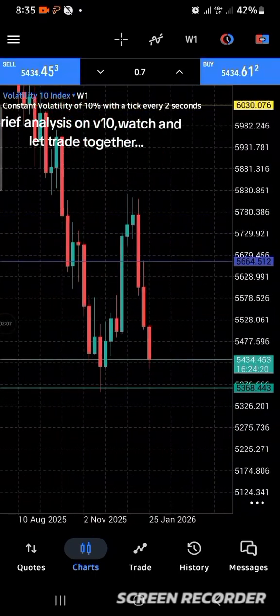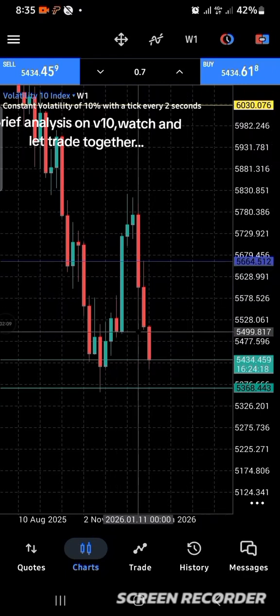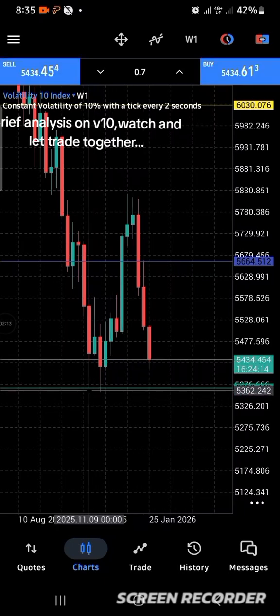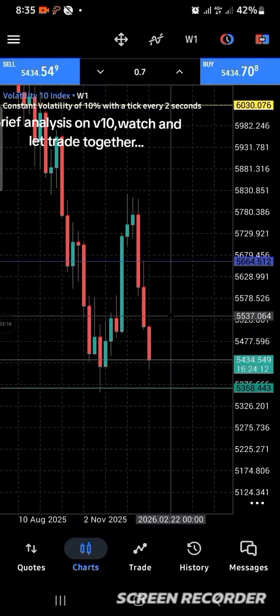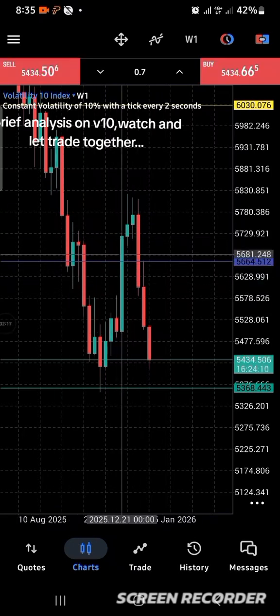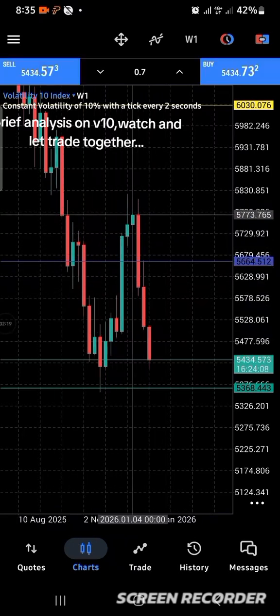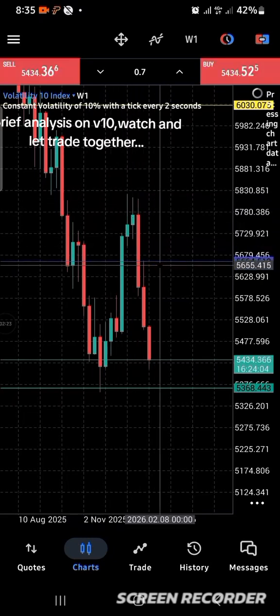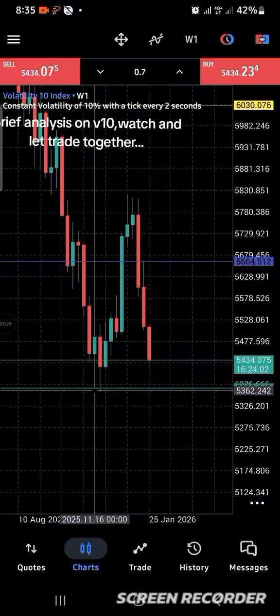As you can see, the market is coming to break this low here because it has been creating a series of lower highs and lower lows. The market has created a lower high here, coming to sweep this particular one up.